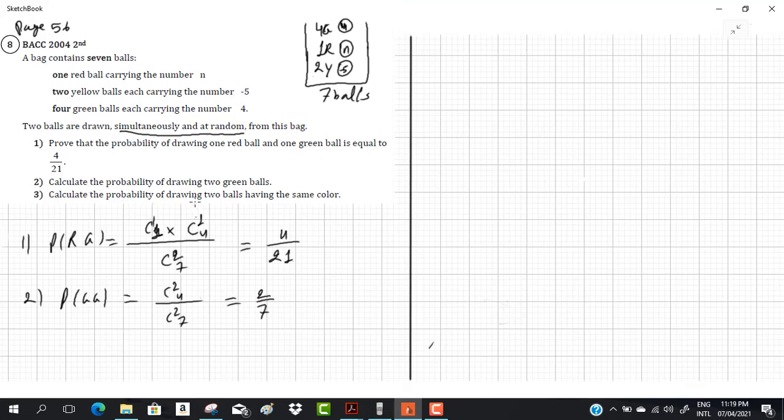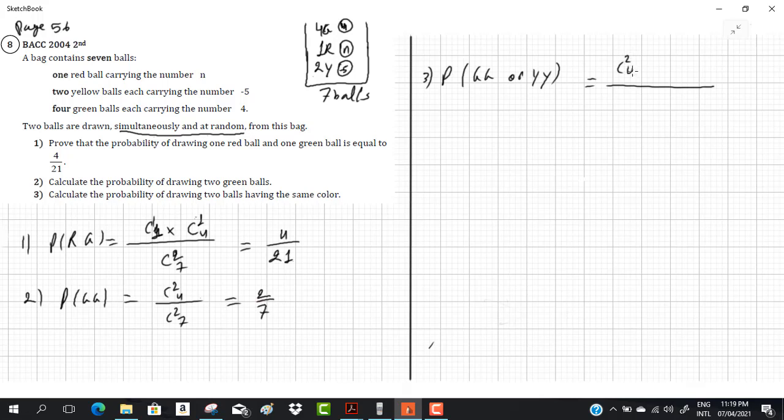Calculate the probability of drawing 2 balls having the same color. Part 3. Same color يعني green or yellow. طبعا ما في يكون red لأنه في only one red.